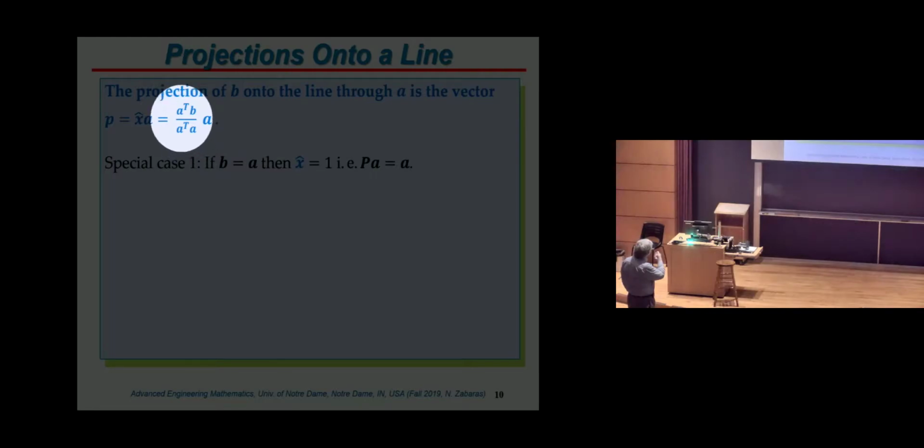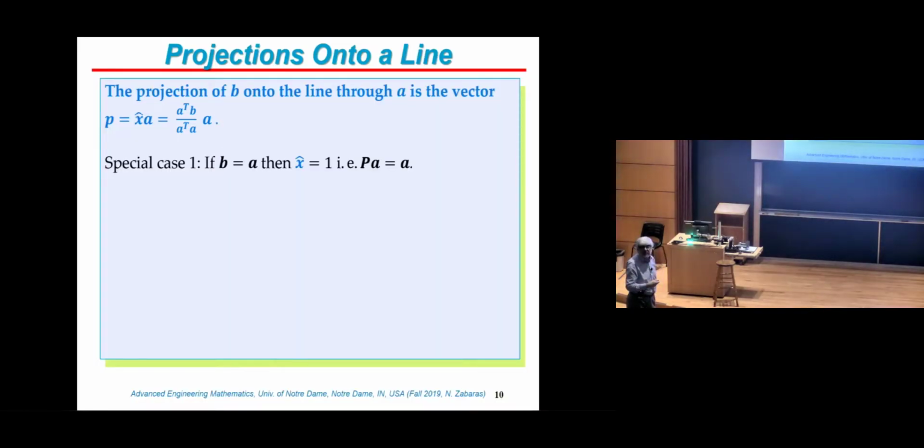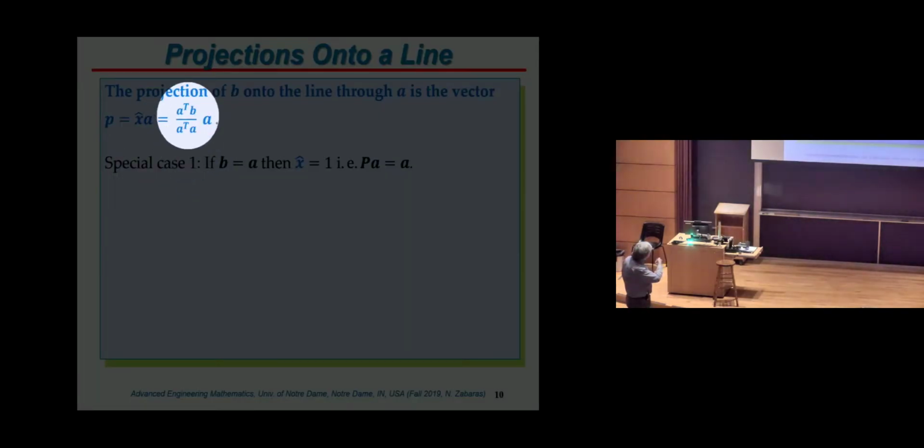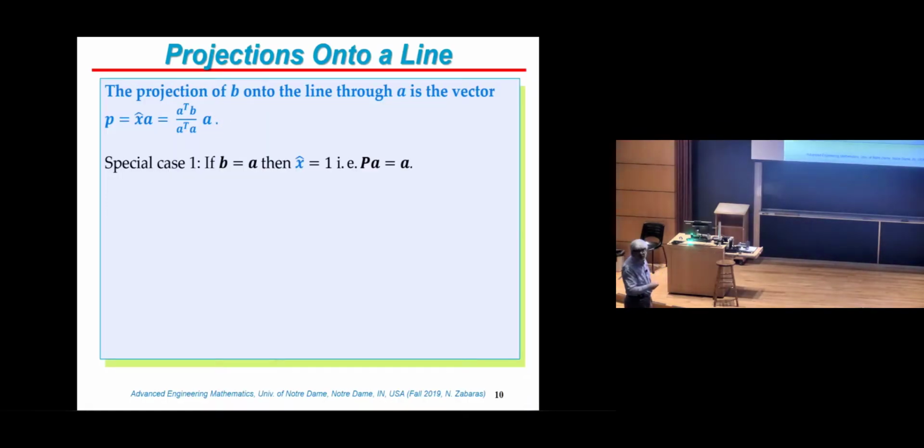Does the formula say that? Look at that. If B and A are the same, A transpose B and A transpose A cancel, and then I get A. You can also try B to be 5 times A. You will see you get back 5 times A because the scaling effects on A cancel out.